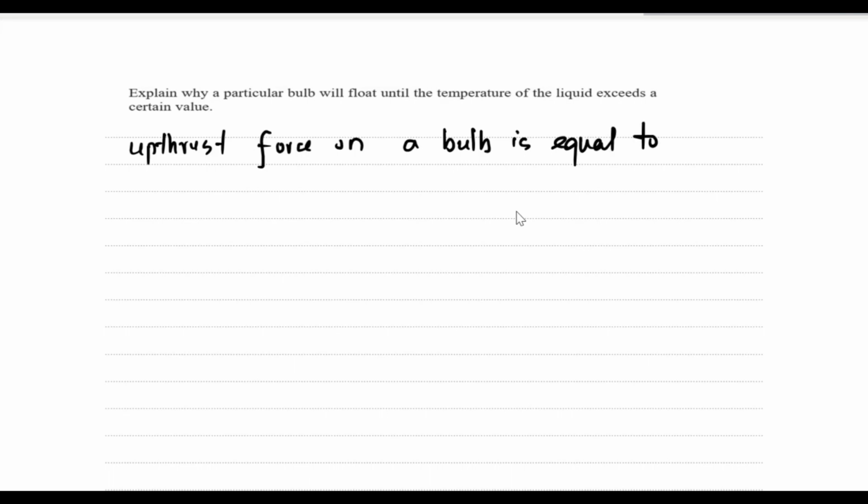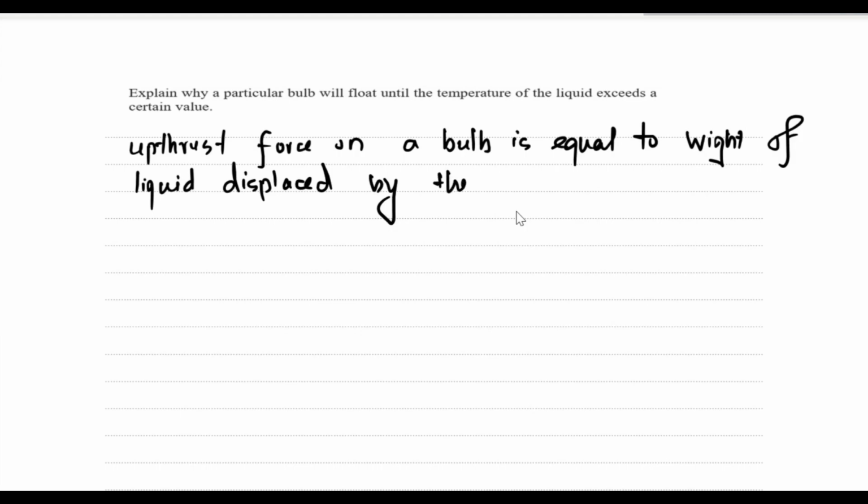So upthrust force on a bulb is equal to the weight of the liquid displaced by the bulb.